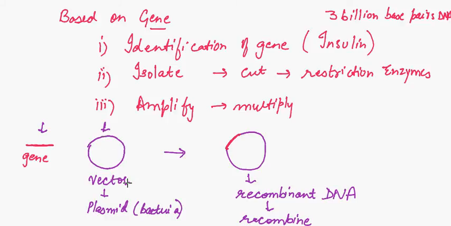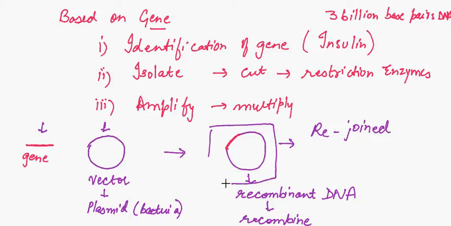Vector is also a DNA molecule from bacteria, and gene is also a DNA molecule from a different source, but this gene is of our interest. So we have rejoined the two DNAs from different sources, and the product that we got is recombinant DNA.